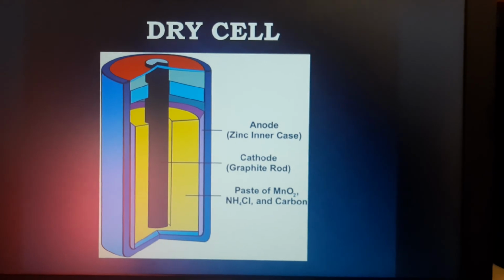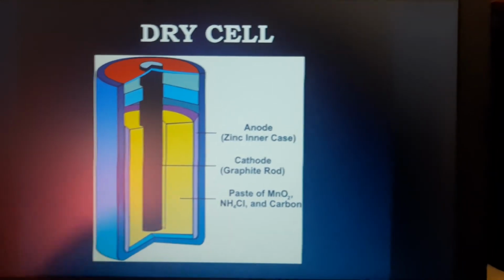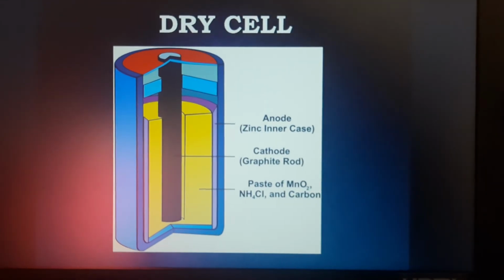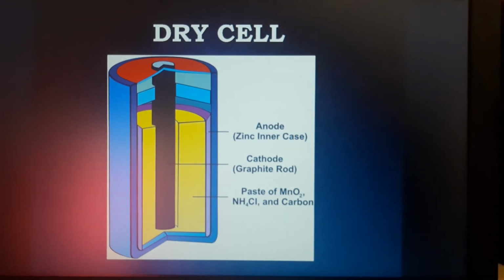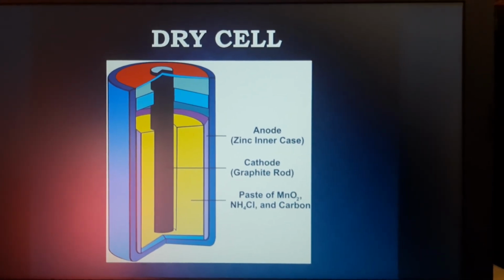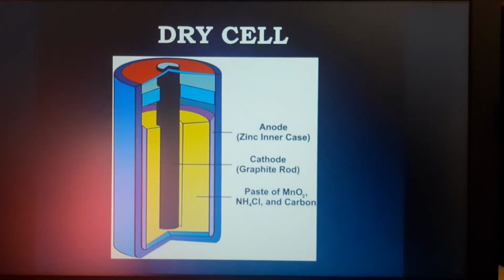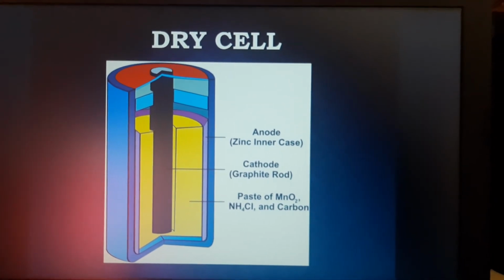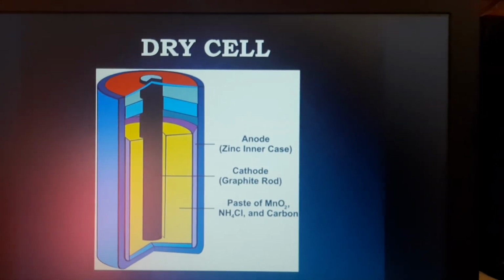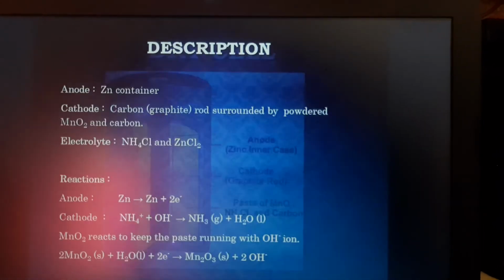This is the electrolyte. So we are seeing anode and cathode, and we are seeing electrolyte. So anode is made of zinc, cathode is made of graphite rod, and paste of manganese dioxide, ammonium chloride and carbon is the electrolyte of this dry cell.